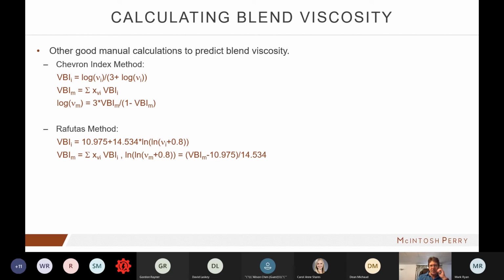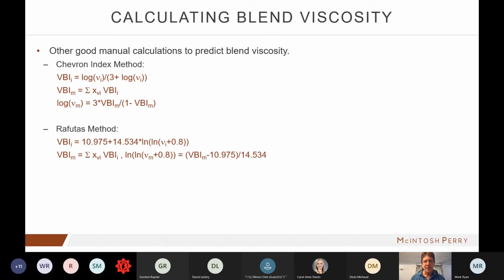And both of these methods are common methods, and they are doing exactly that. They are actually linearly blending, and you're using the volume fraction, that's XVI. So that's your volume fraction blended linearly with a viscosity blend index. So where the nonlinearity comes in is the VBI is not a linear function.